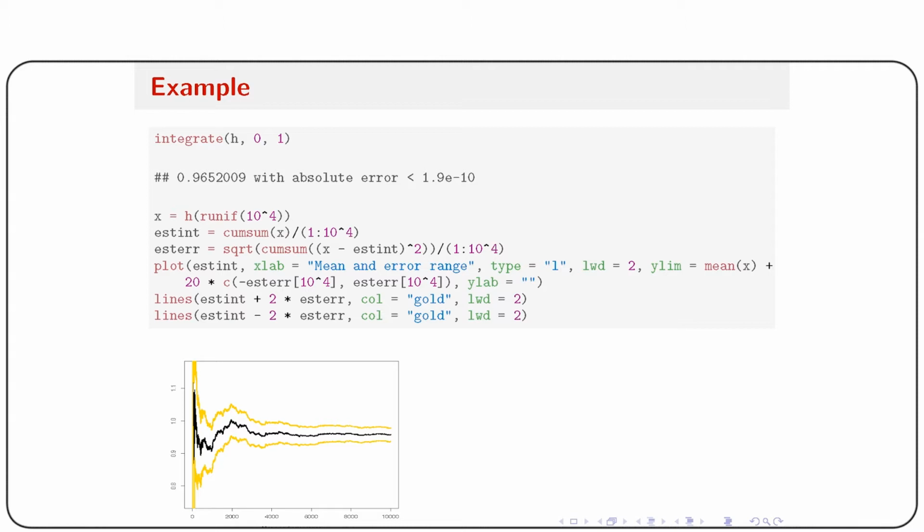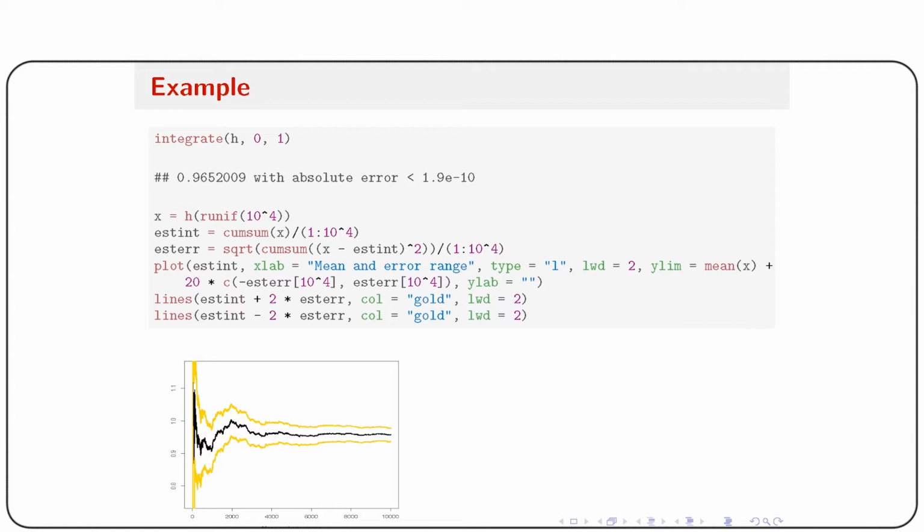Now we'll use x equals h of runif 10 to the power 4. That means x would be h of x, where x follows uniform 0, 1. Now the estimate of the integral is the cumulative sum of x divided by 1 to 10 to the power 4, and the estimated error is the square root of the cumulative sum of this expression.